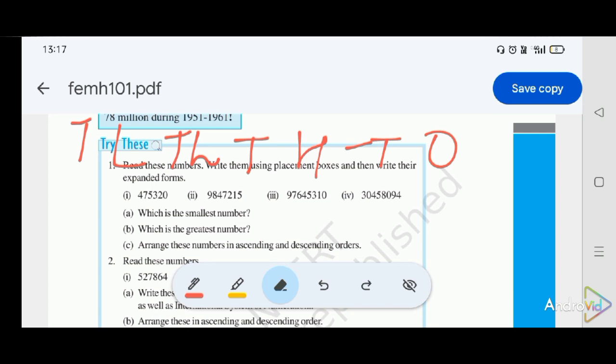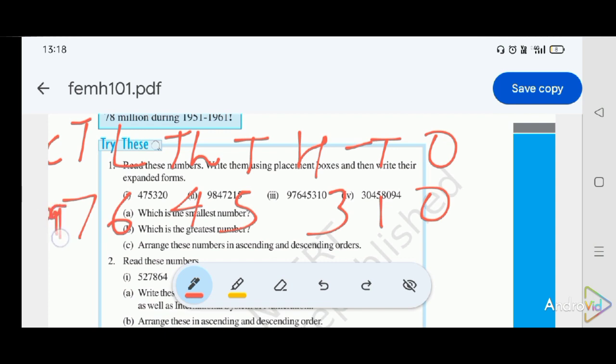Similarly, the next number is... So here one number is added, so it would be 9 crore 76 lakh 45,310.